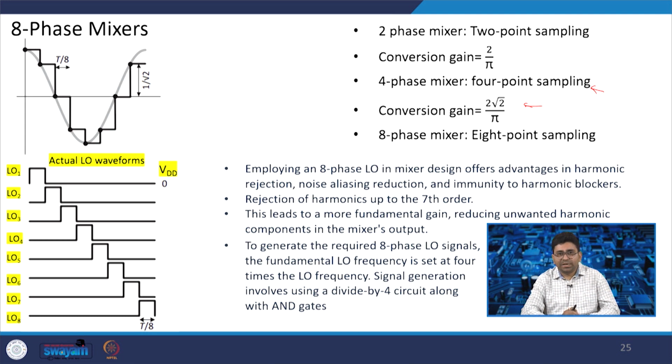However, there is always a trade off: it has immunity to blockers, and it will have rejection of the harmonics. So, those are the advantages, considering the 1 by f noise. All these problems can be solved, but we can have higher power consumption on the LO side.